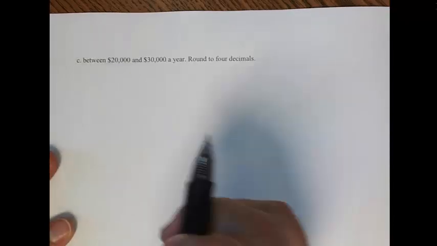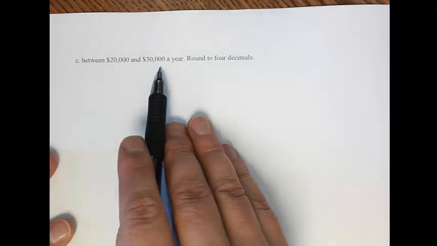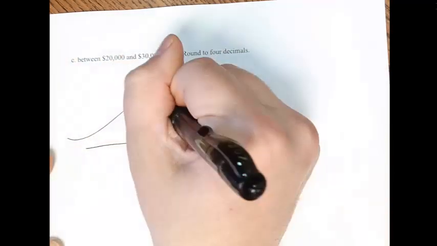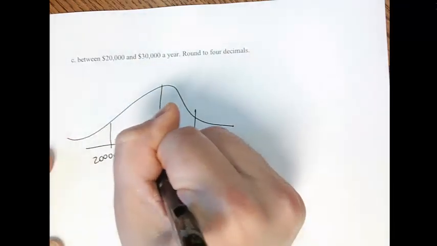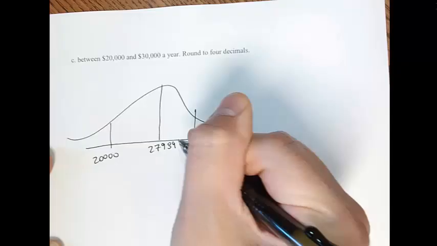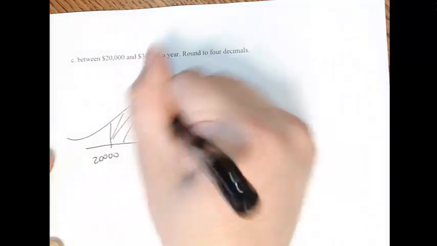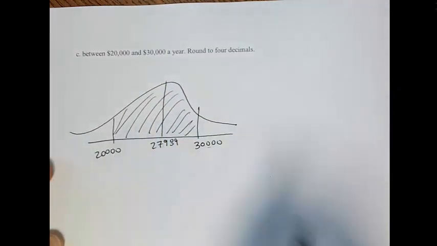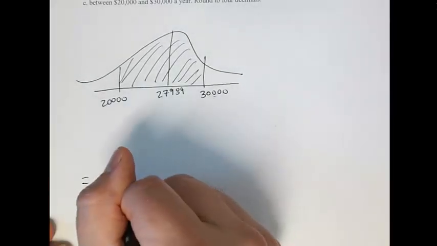Putting those two together, what's the probability first-year teachers make between 20,000 and 30,000 a year? That means I am now looking at this picture. So I'm now looking for a middle probability. Well, the good news is for this one, we've already calculated the values we need.